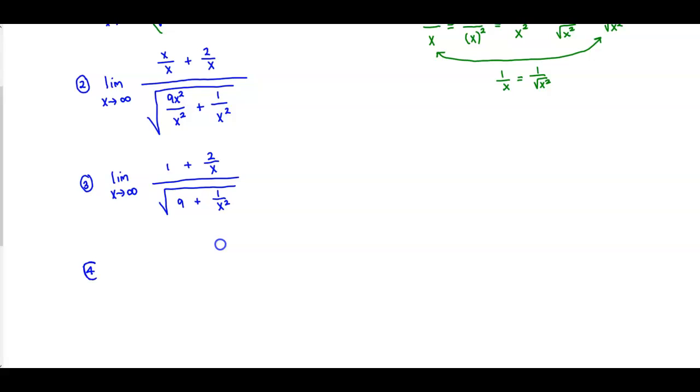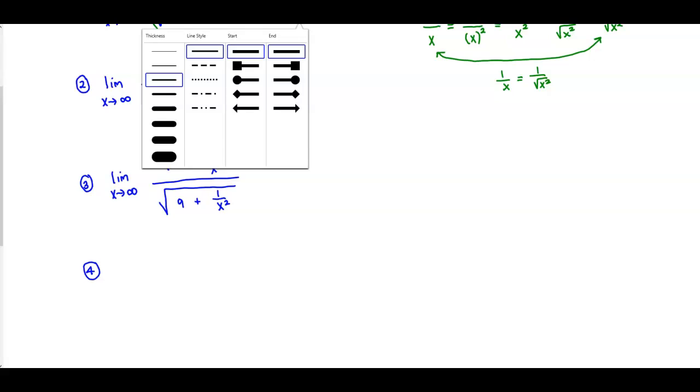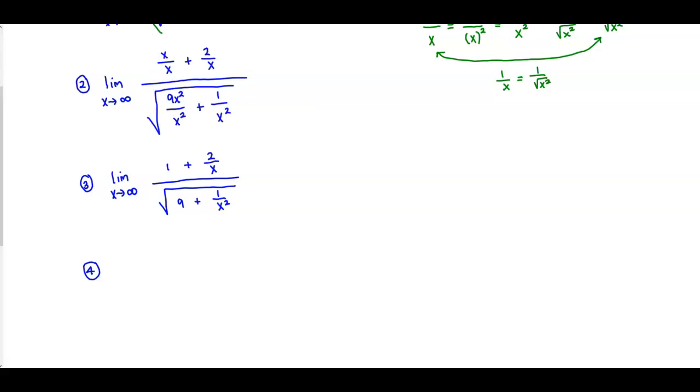So now we want to apply the limit as x is approaching infinity. When we apply infinity to the value of x, we have 2 divided by infinity, which is going to give us 0. And we also have 1 divided by infinity, which is also going to give us 0.